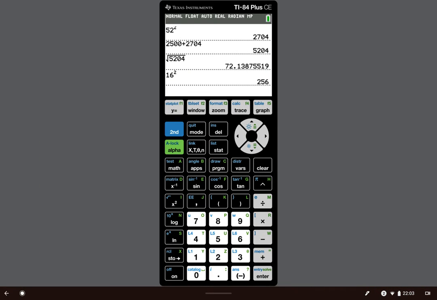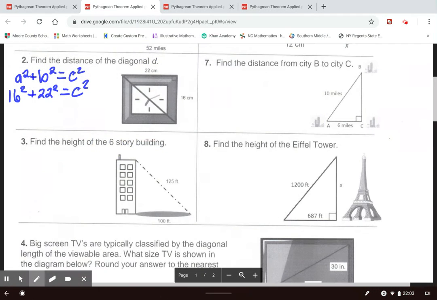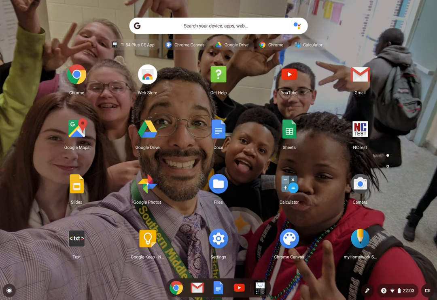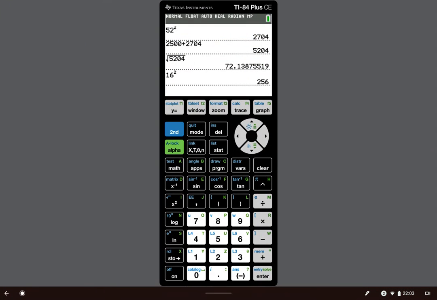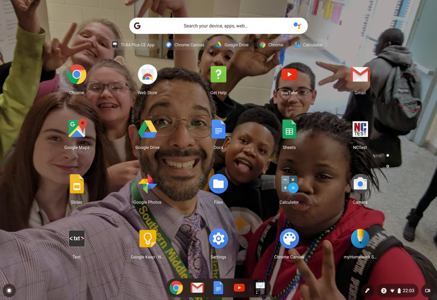So 16 squared is 256. I forgot what the other one was. It was 22 squared, 484.